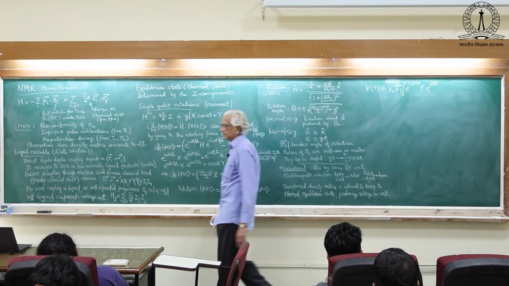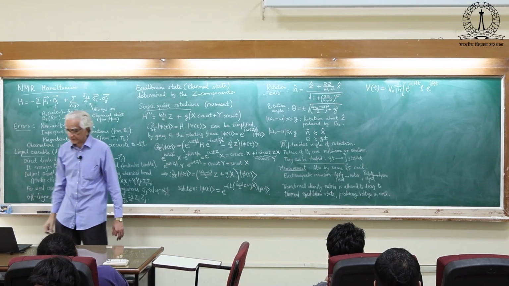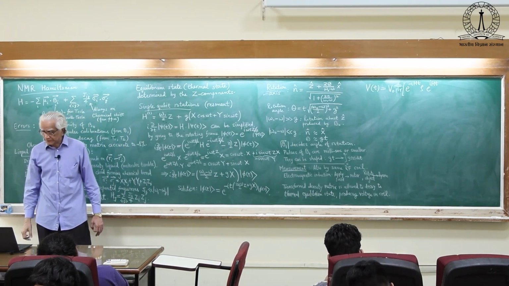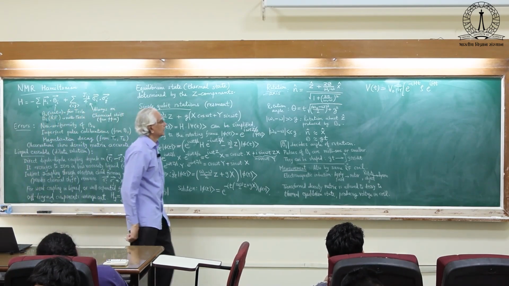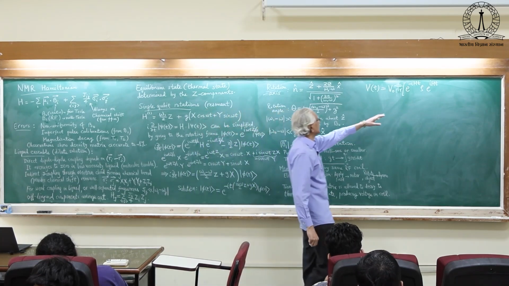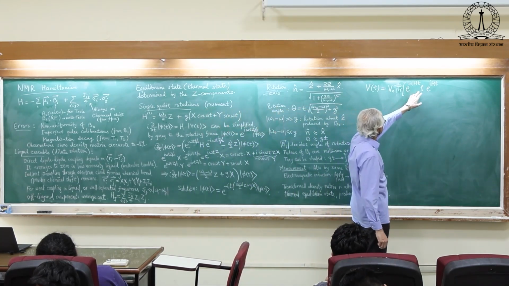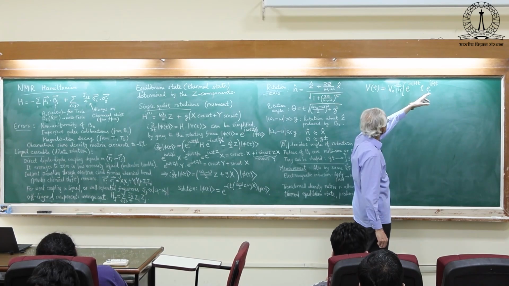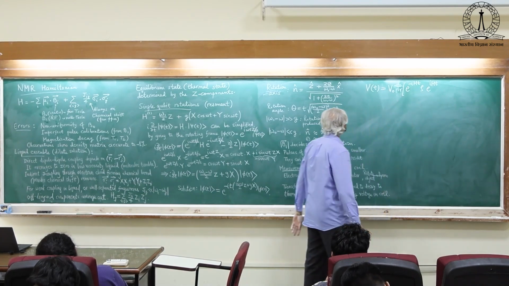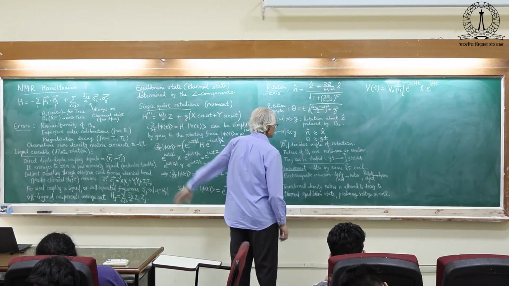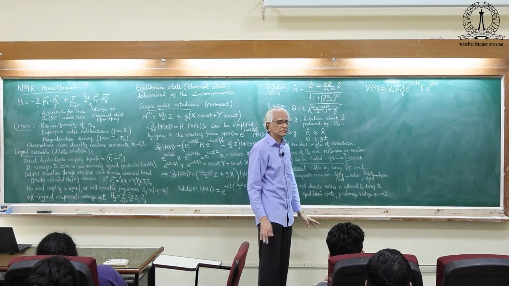That the density matrix is going to evolve for some time, and the density matrix evolution is just given by these unitary factors of the Hamiltonian, whatever that Hamiltonian was, the total Hamiltonian of the system.